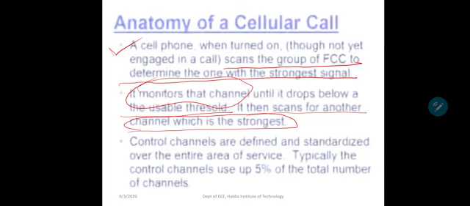So the number of such control channels is limited to a maximum of 5% of the total. So if there are 100 channels allocated over a particular cell, in that case only 5 channels will be reserved for the control system or the control channels.